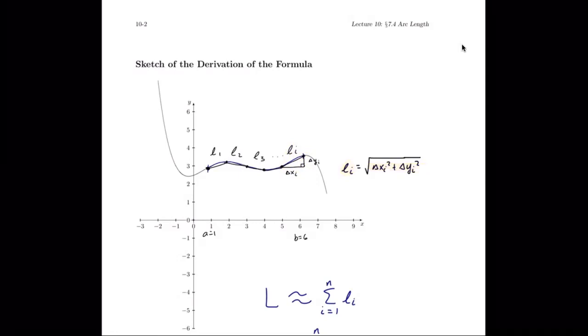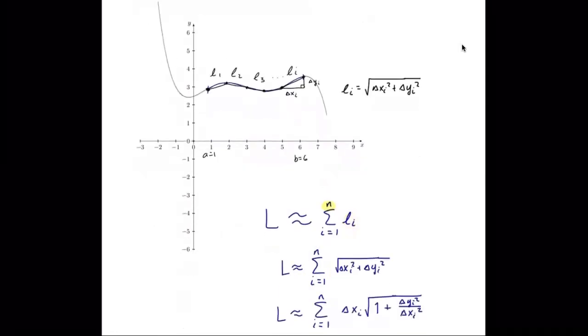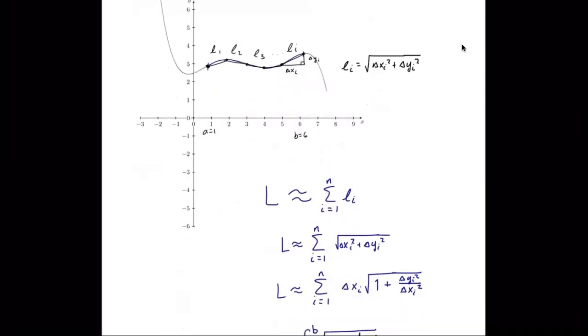We could add that up for all of these. If there were n of them total, then we'd have the sum of n of these Li line segments. And we start to see how this comes together. We can substitute for Li this radical expression that we saw geometrically up above. So we end up with this sum, summing up all these square roots.